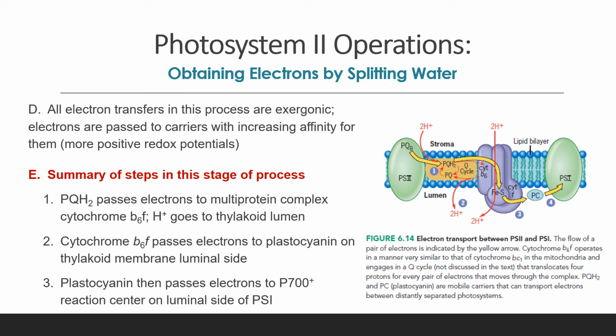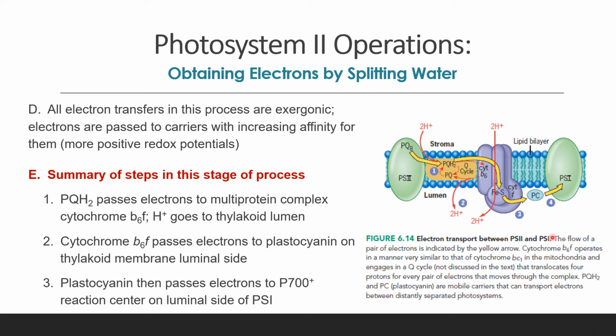For the summary of the steps in this stage of the process, again, we have PQH2 passing electrons to the multiprotein complex of cytochrome b6f, and then the hydrogen goes to the thylakoid lumen.